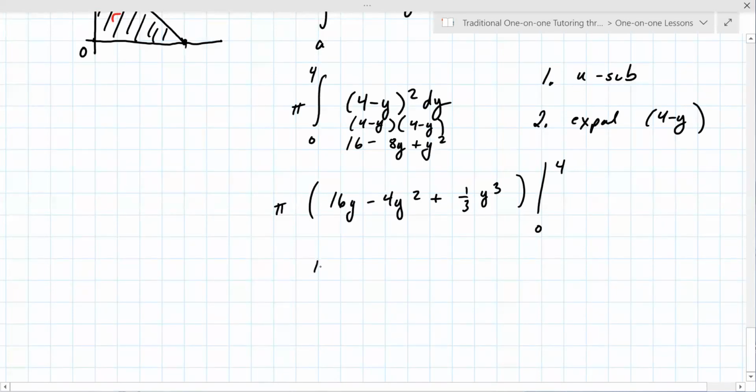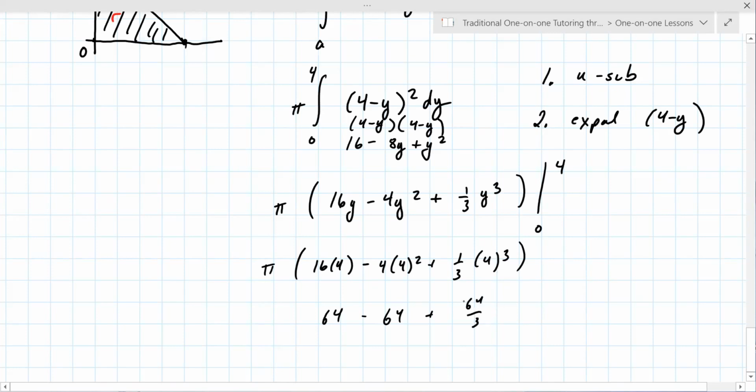Okay, so then that's, let's see, 16 times 4 minus 8, wait, yeah, minus 4 times 4 squared plus 4 to the third over 3.